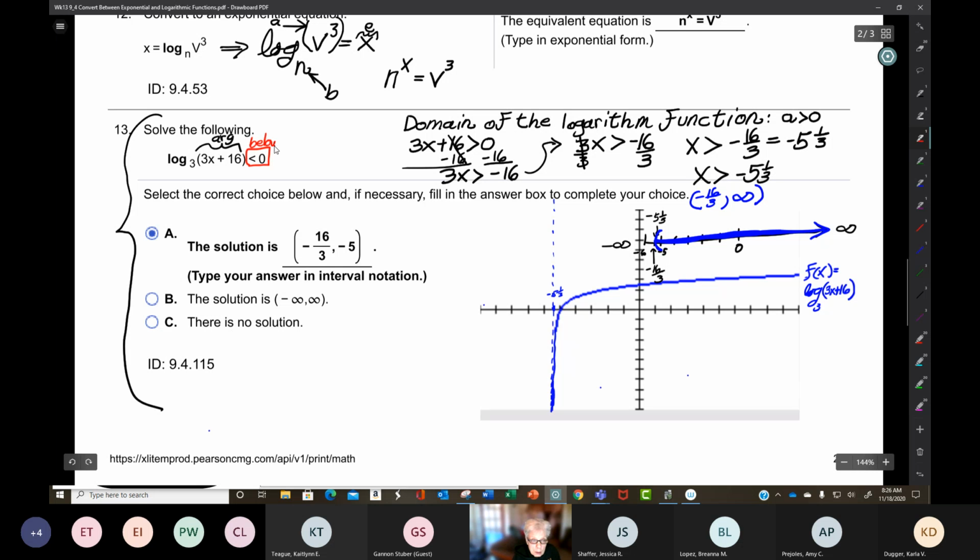Below the x-axis. What the 0 means is this.